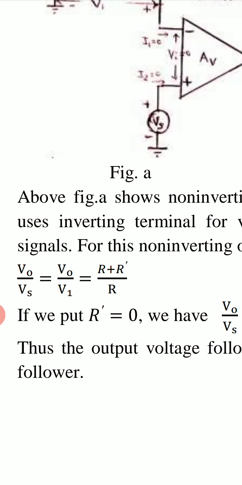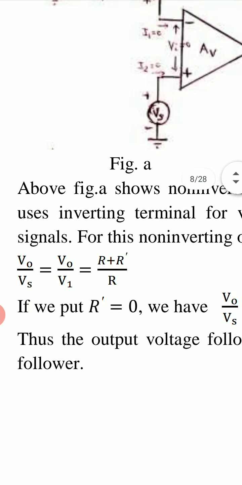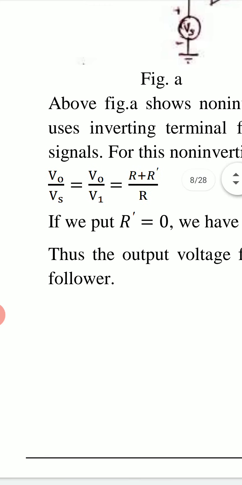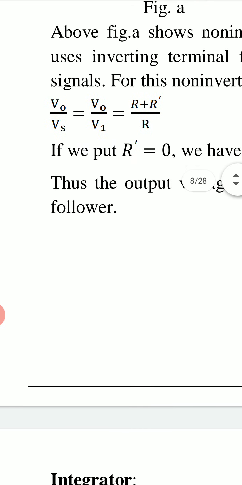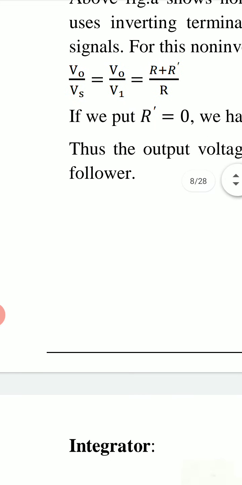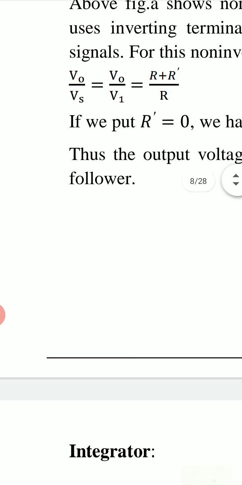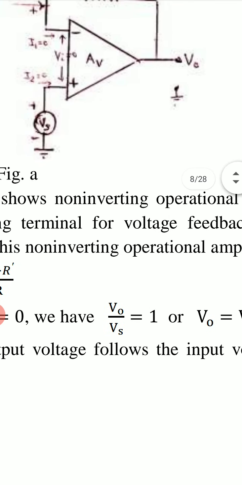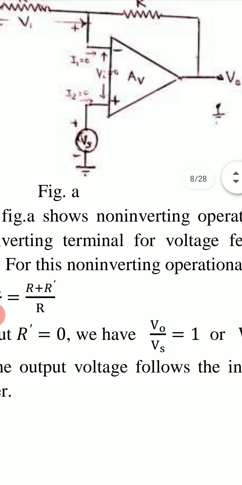From the theory of non-inverting operational amplifier, we know that the ratio of output voltage to input voltage VO upon Vs equal to VO upon V1 equal to R plus R dash upon R. Here there is no current flowing through the two input terminals, so input voltage Vi is 0.